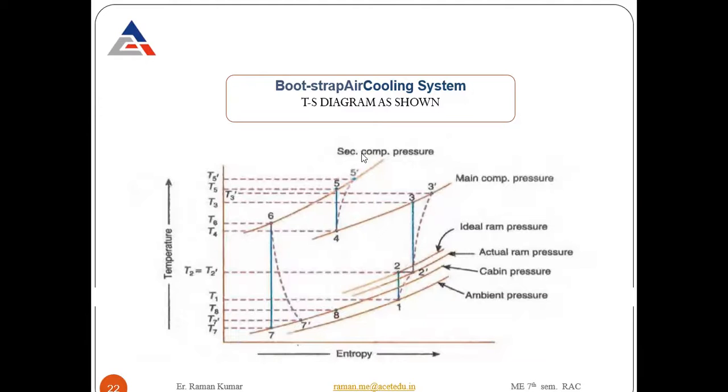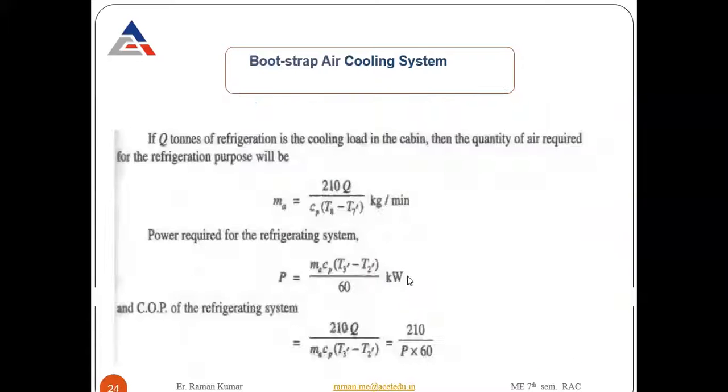Okay, and you do not need to add the secondary compressor. You will get the power only from T3 dash minus T2 dash. So you will get the value of power directly from your first main compressor, T3 dash minus T2 dash. The value of power will be MA into CP into (T3 dash minus T2 dash) divided by 60. Okay, and what will be the value of COP?